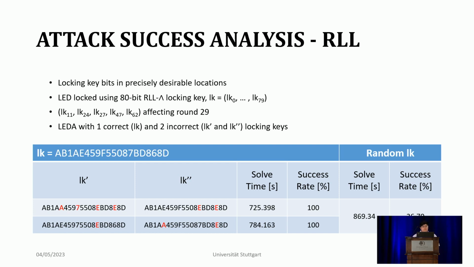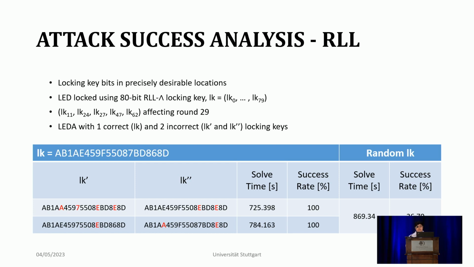Here we demonstrate an attack with hand-picked incorrect logic locking keys to see what exactly happens. We analyzed an implementation of LED, which is locked using an 80-bit random logic locking key, and observed that there were specific locking key gates corresponding to LK11, 24, 27, 47, and 62, affecting the operation of round 29 of LED, which is a desirable location for differential fault analysis on LED.